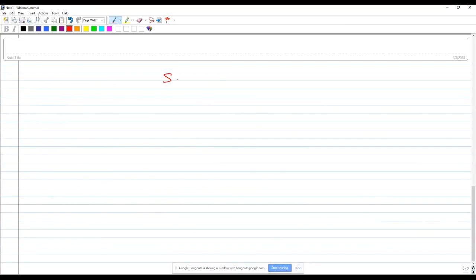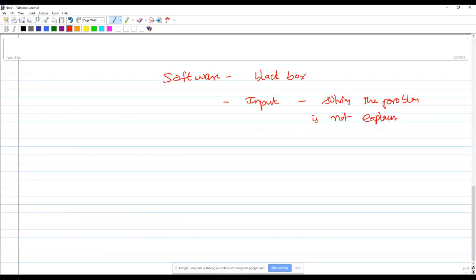Software is actually a black box. We all agree that the input which is taken for solving the problem is not explained, but only shown graphically.